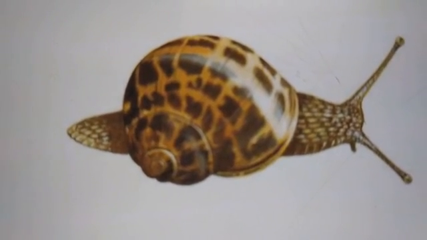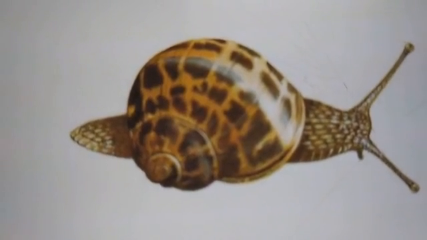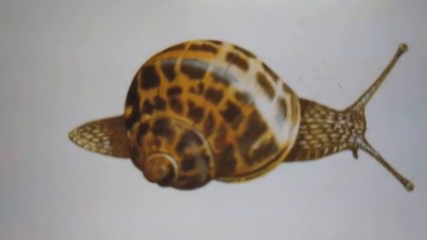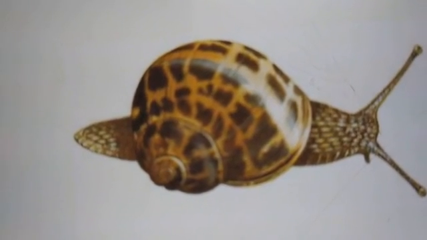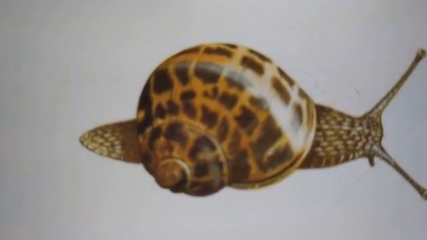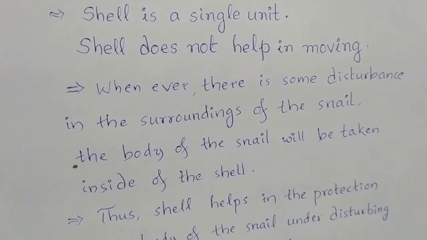If you carefully see the shell of the snail, it is not made up of several units. It is a single unit. And shell does not help in the movement of the snail.